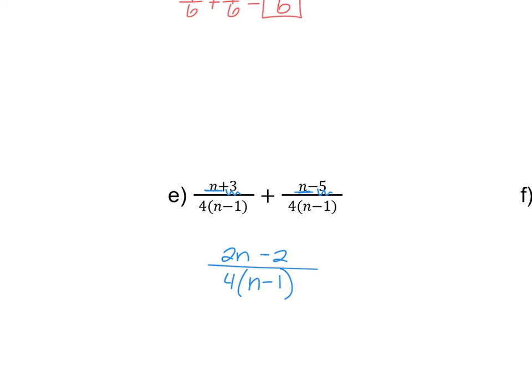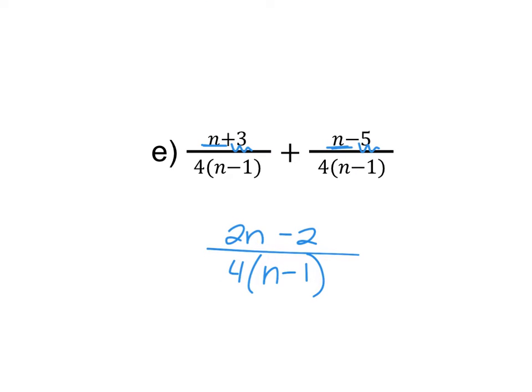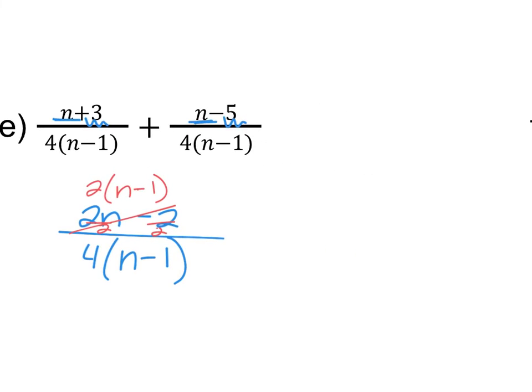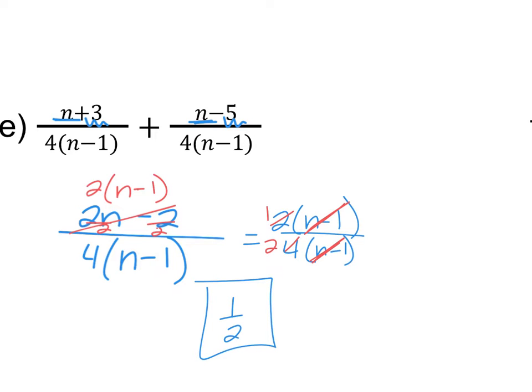The answer is no. Can you factor anything out of the top or the bottom? The answer is yes. You can factor out a 2 from the top. So this becomes 2 times (n - 1) over 4 times (n - 1). Look what happens. The n minus 1's cancel. 2 and the 4 reduce to 1/2. And so you are left with 1/2 as your answer.